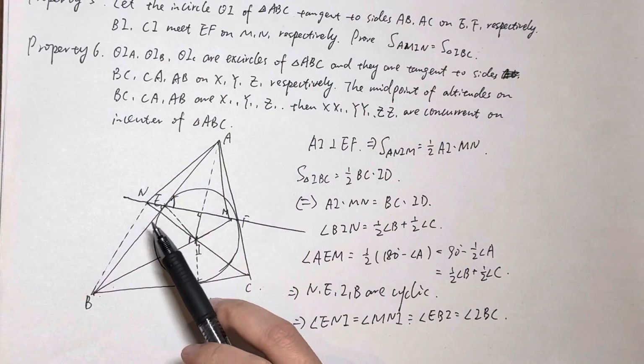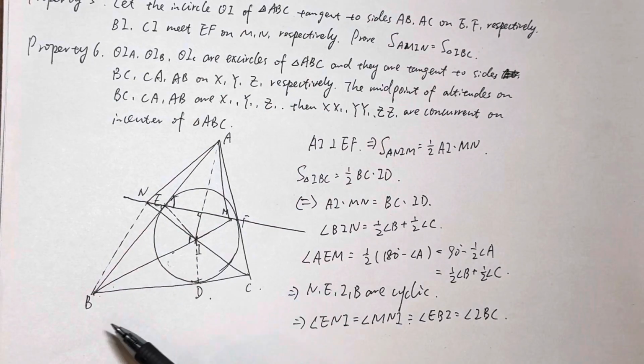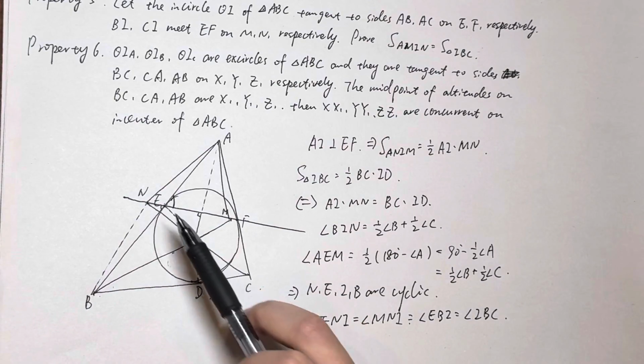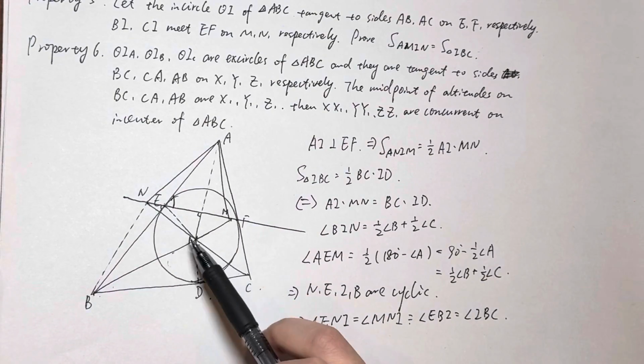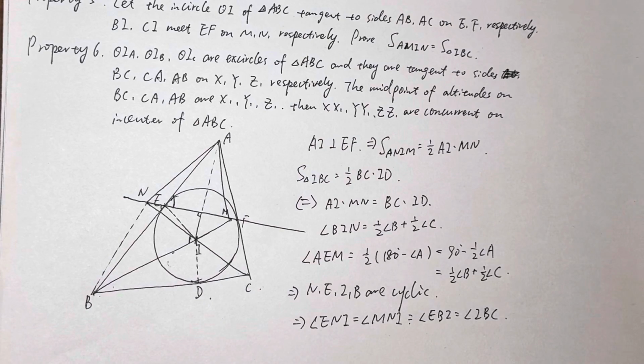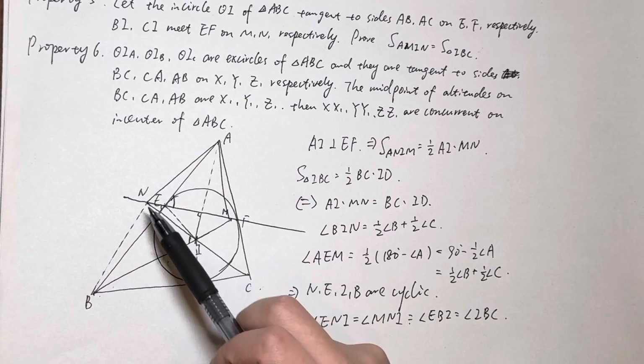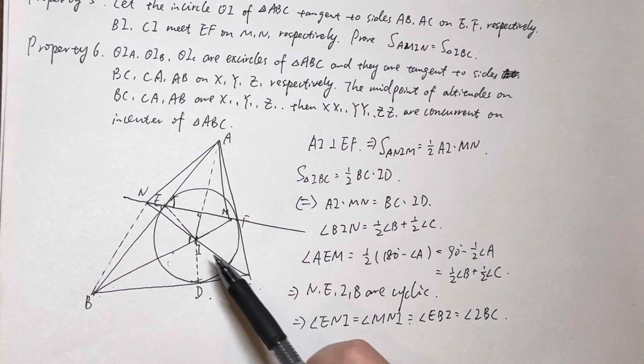Okay, now for triangle NIM and triangle BIC, we already know that angle MNI equals angle CBI, and angle MIN equals angle CIB.